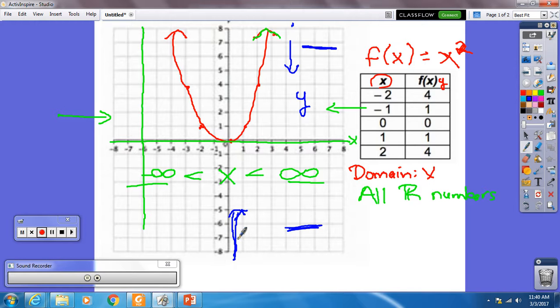So when we come up, what number do we hit first? We hit 0, right? Now, when we're coming in from the top, what do we hit? We hit these arrows. What does arrow mean? Infinity, and we're on the positive side of the graph, so it's a positive infinity. So y is between 0 and infinity.